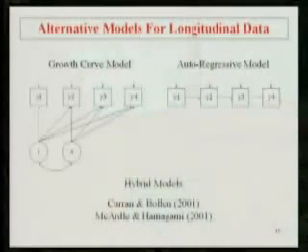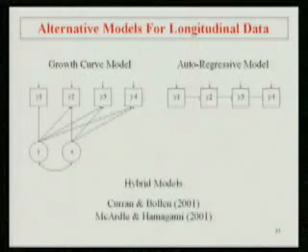It's going to be called latent transition analysis. It's an example of an autoregressive model, which is an alternative to the growth curve model. So you have to be familiar with those two basic modeling choices. Which one fits your substantive application the best is the question.